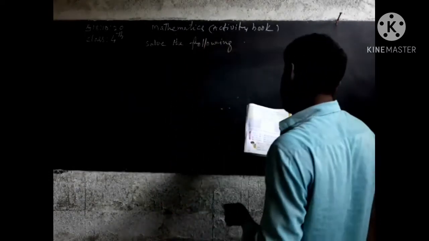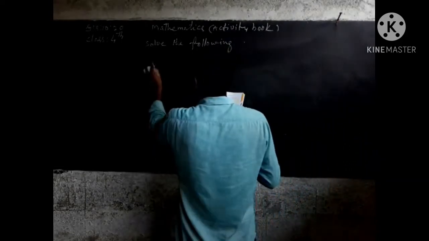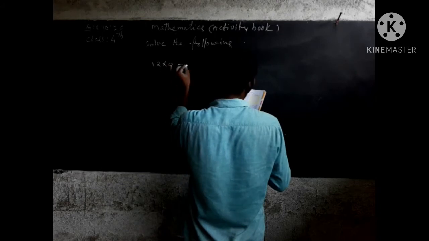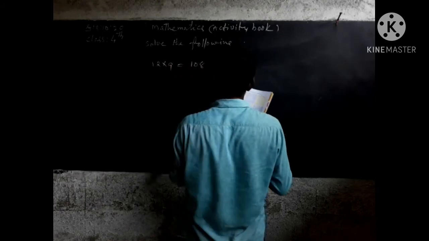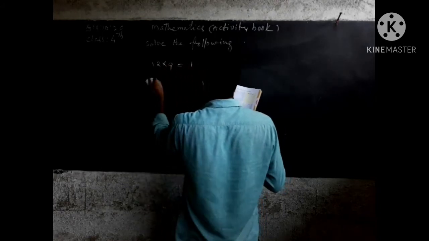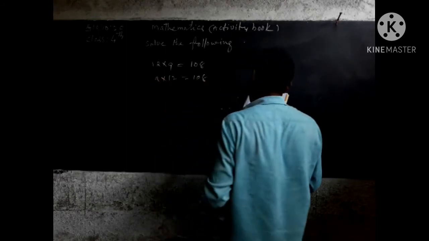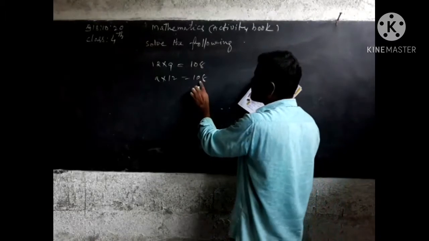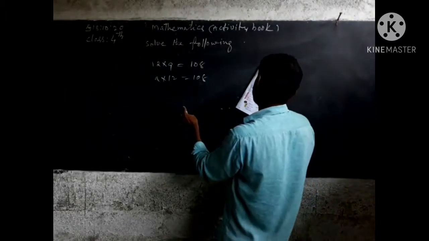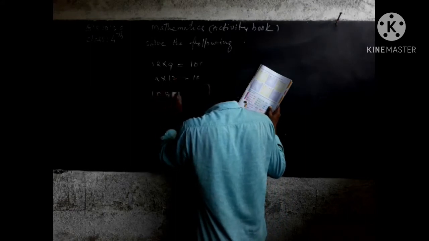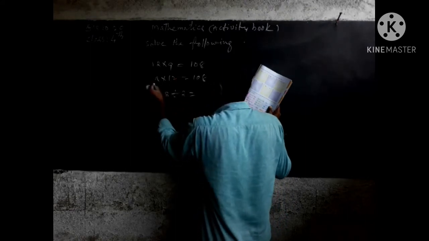Solve the following. See here, 12 into 9, 12 9s are 108. 9 12s are the same, you can get 108. Now next, 108 divided by 12 gives 9.